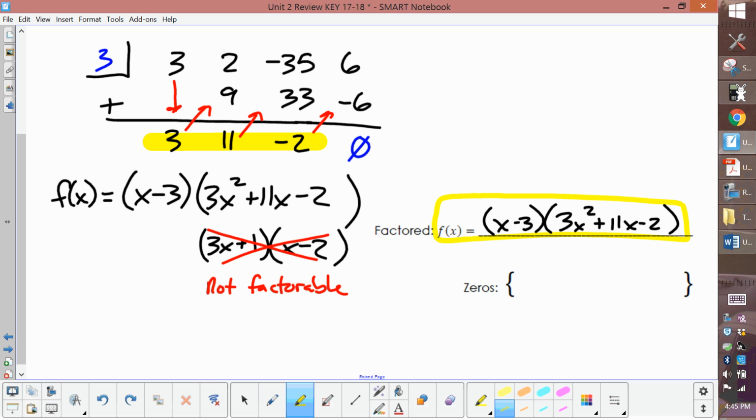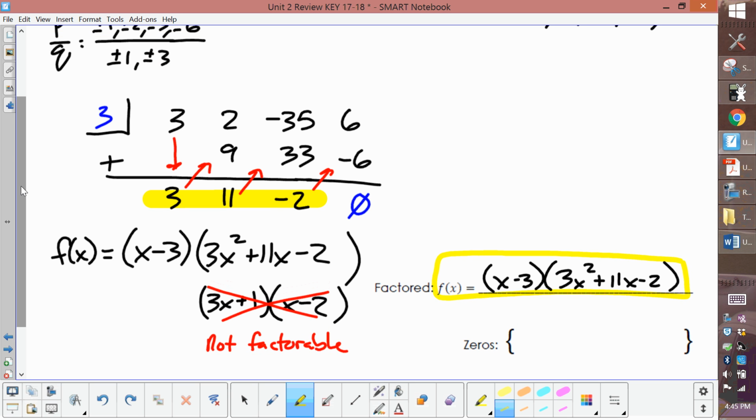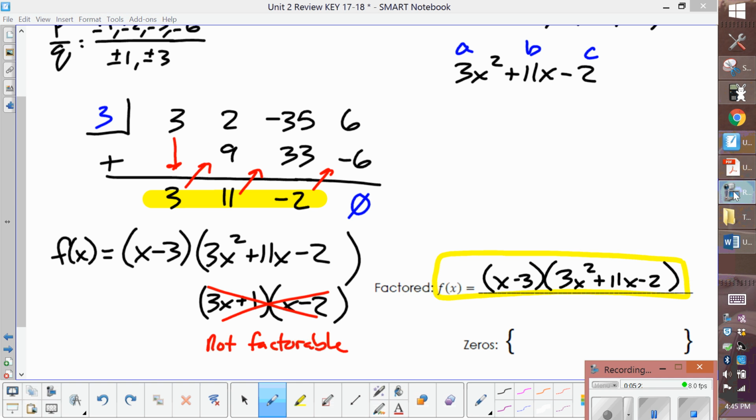All right, I'm going to work up above here. I can break down this 3x squared plus 11x minus 2 by using the quadratic formula, where this is a, this is b, and this is c. Let me go ahead and pull up the quadratic formula real quick.